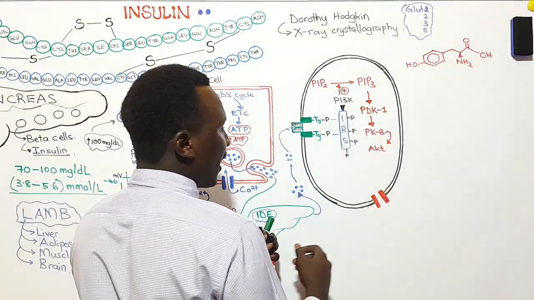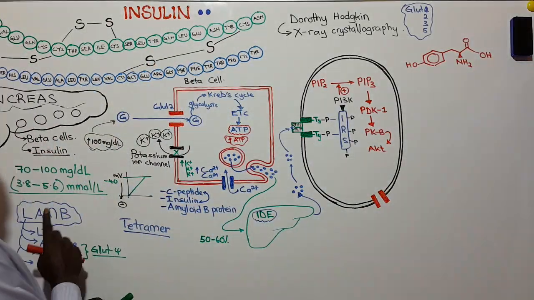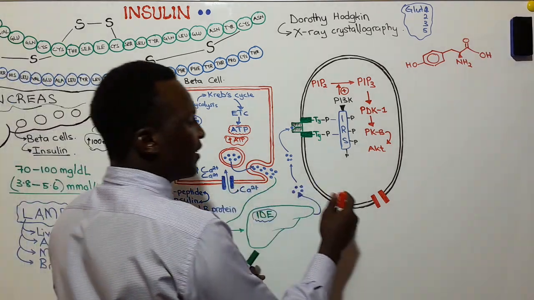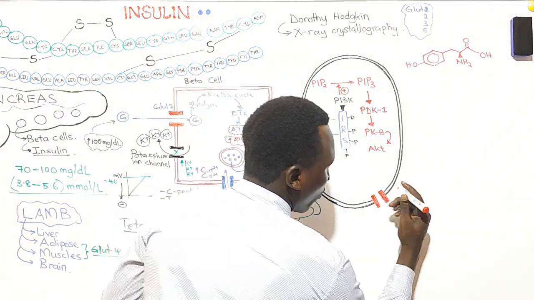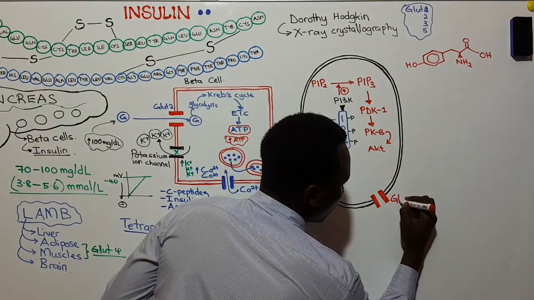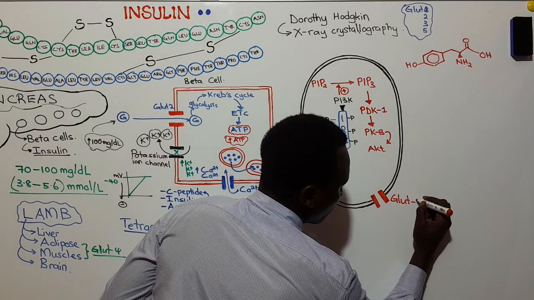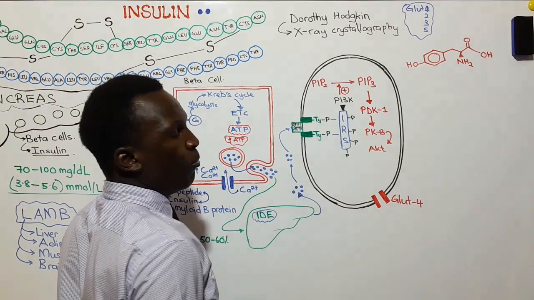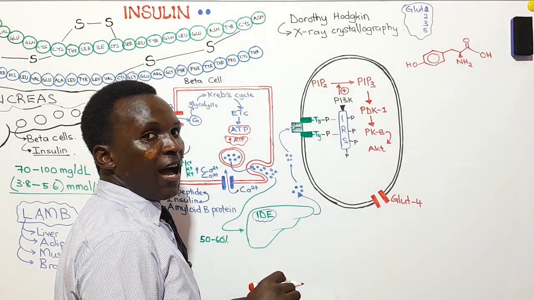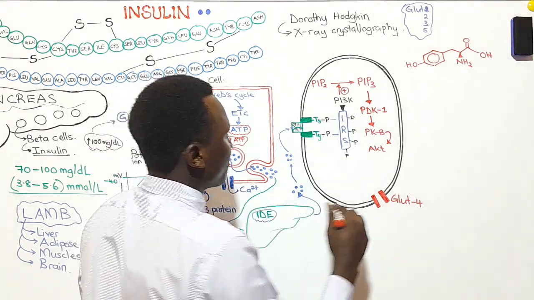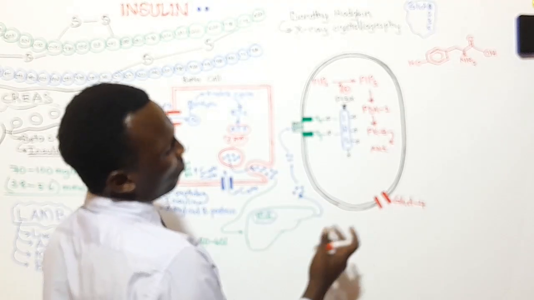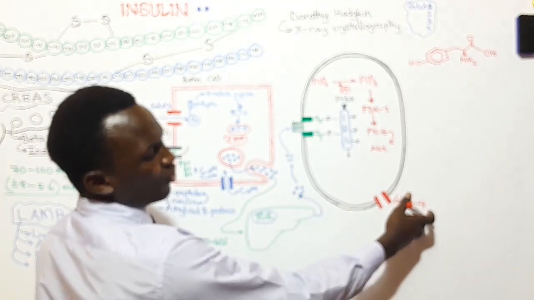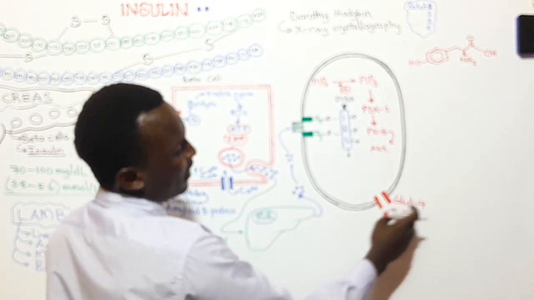The most important effect in regulating the amount of blood glucose is the insertion of these channels. This channel is what they call glucose transporter 4, which is present in the muscle cells and also in different other cells, but basically the adipocytes and the muscle cells.